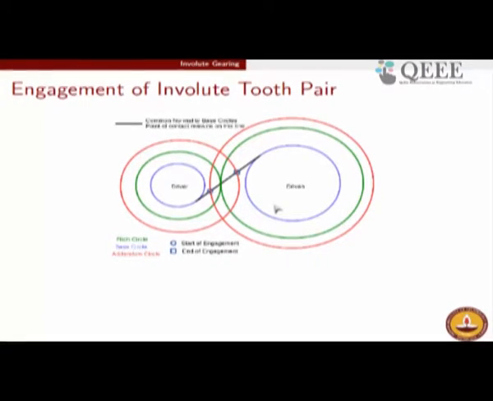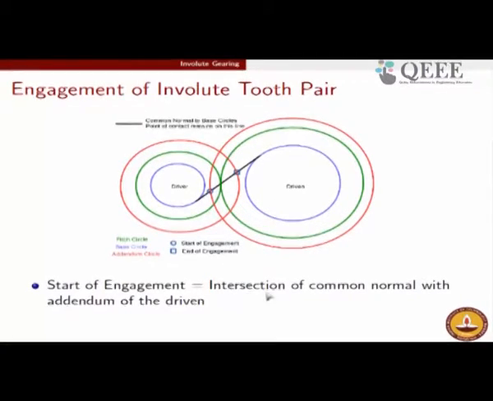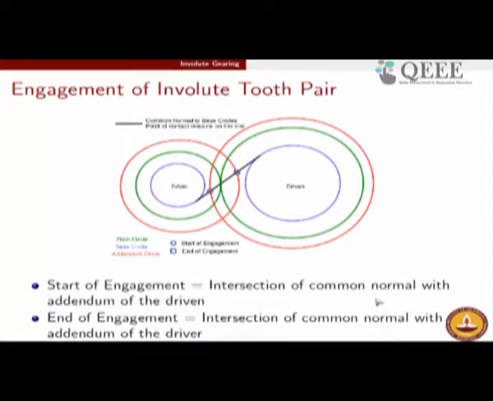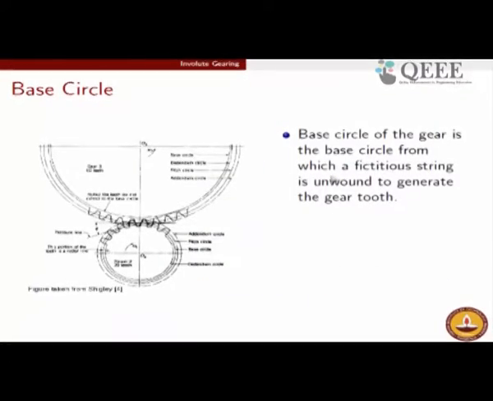So, start of engagement is the intersection of the common normal with the addendum of the driven, whereas the end of engagement is the intersection of the common normal with the addendum of the driver, and this line is called the length of action. We will come back to it when we talk about contact ratio also.